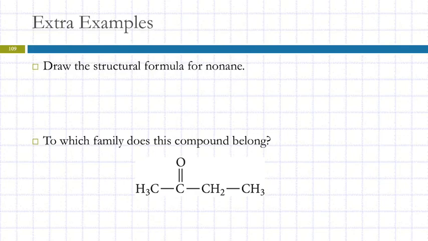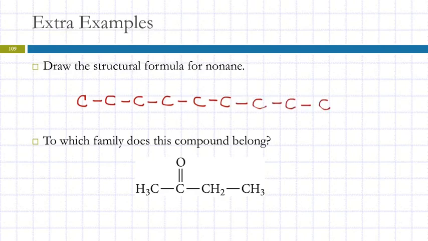It's kind of like the word nine, isn't it? So we need to put 9 carbons on here. 1, 2, 3, 4, 5, 6, 7, 8, 9. That's the sort of math you do in organic chemistry. It's a lot of counting, usually not much higher than 10. So you have to count carbons.